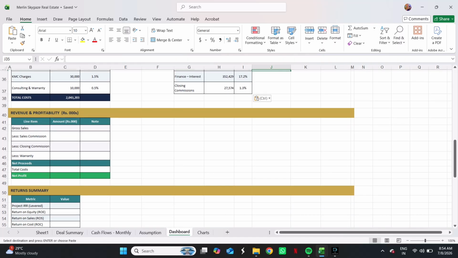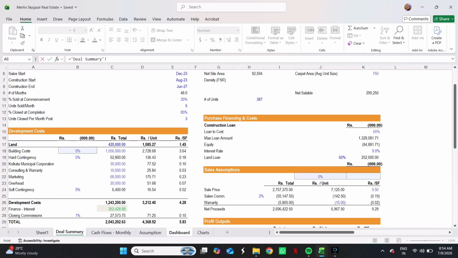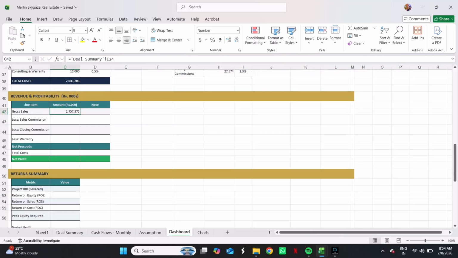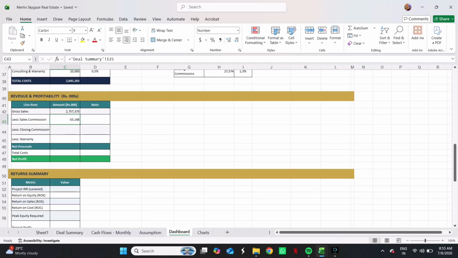Then we will move to revenue and profitability. In the revenue and profitability section, the first is gross sale. Gross sale equal to deal summary total gross sale. Then sale commission equal to our sale commission.